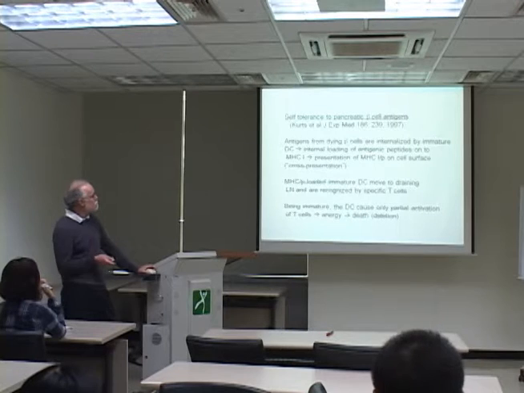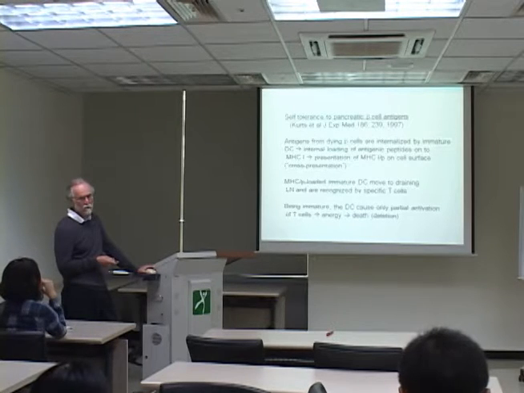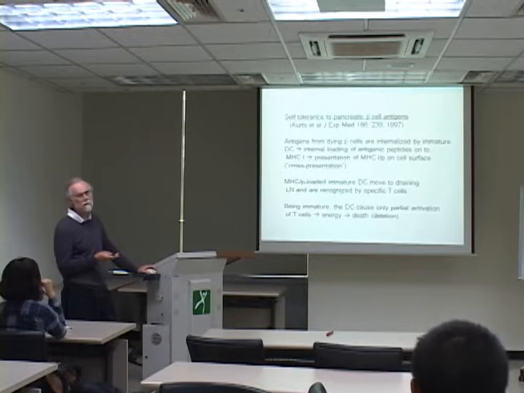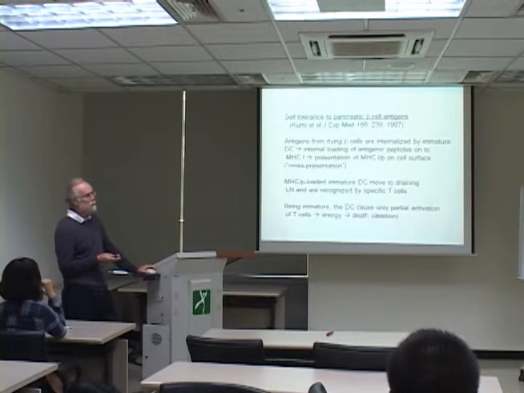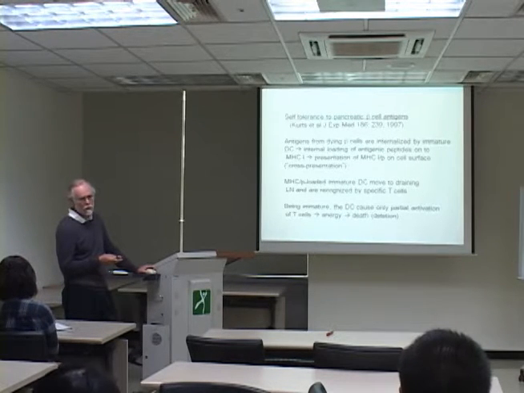And this probably is an important mechanism for why we normally do not develop autoimmune disease. Autoimmune disease is, for the most part, a relatively rare phenomenon. Some people will develop type 1 diabetes, but most people don't.